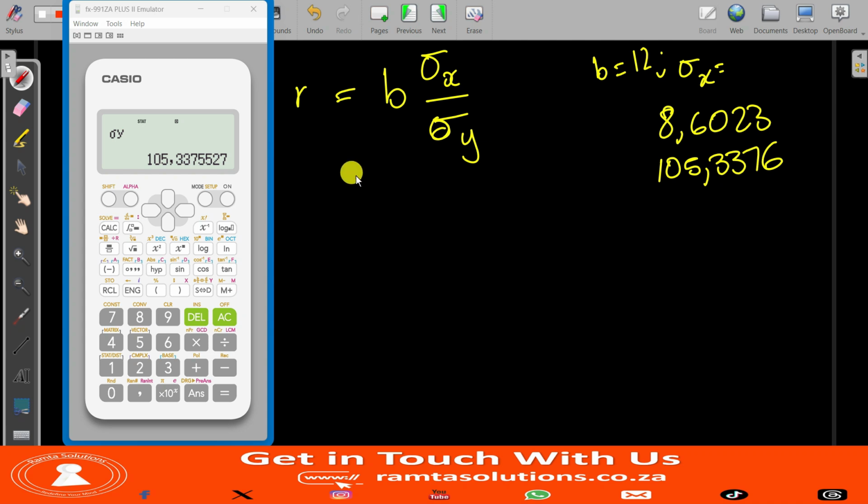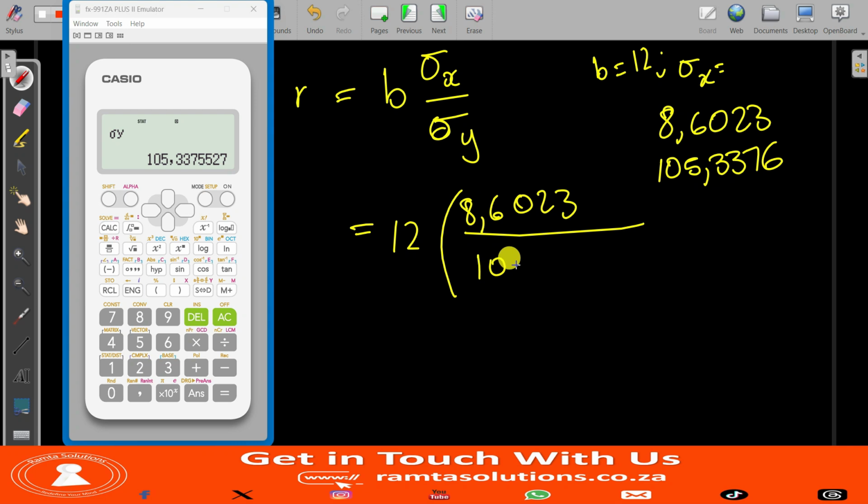It is 105.3376. Right? Now we can say, okay, this therefore means the value of our correlation coefficient is 12 multiplied by 8.6023 over 105.3376. So what is this?